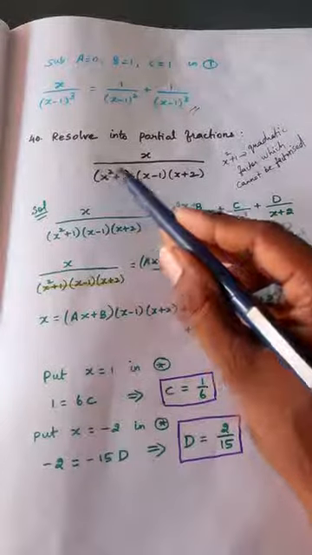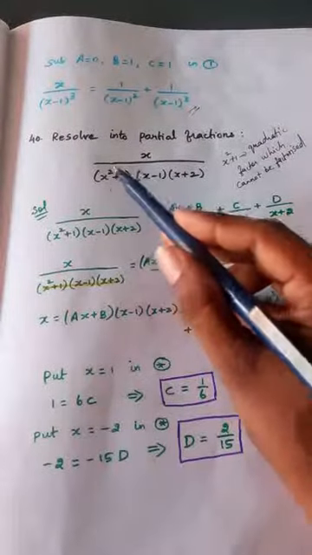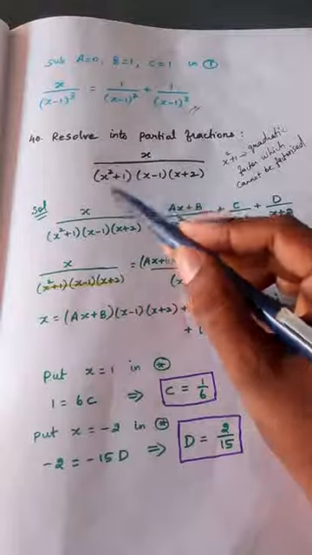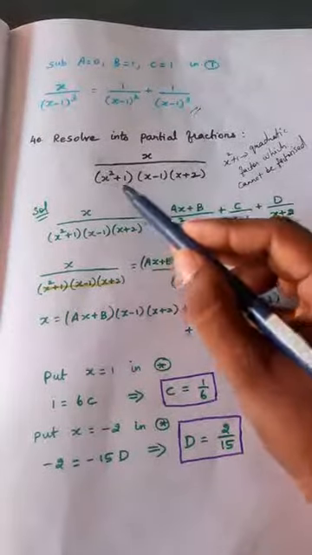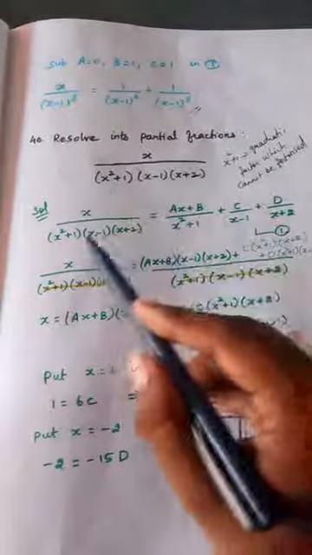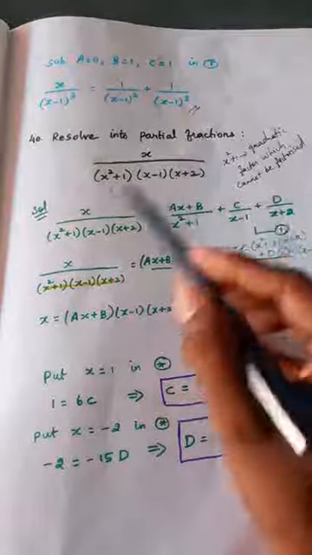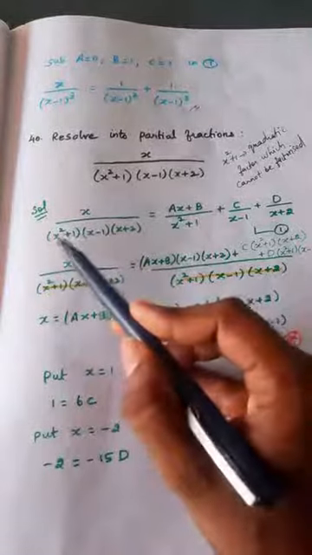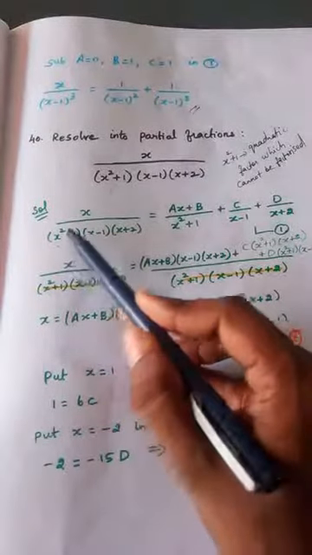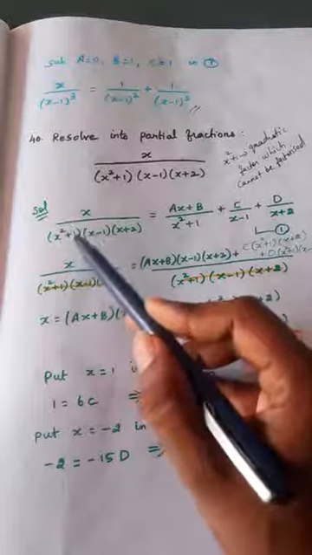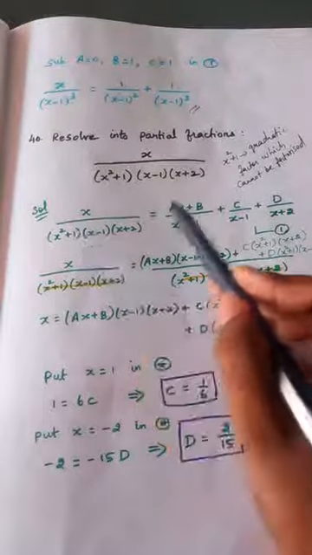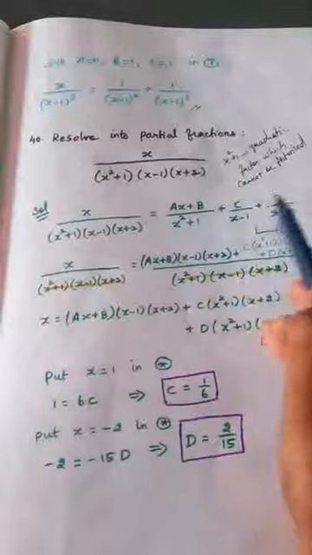So when a quadratic factor comes, we will try to reduce this. We will try to factorize. If we are not able to factorize, then we should do the sum like this. That is, the question is written, out of which the first factor is called quadratic factor which cannot be reduced. So in that situation, we should write the partial fraction like this.